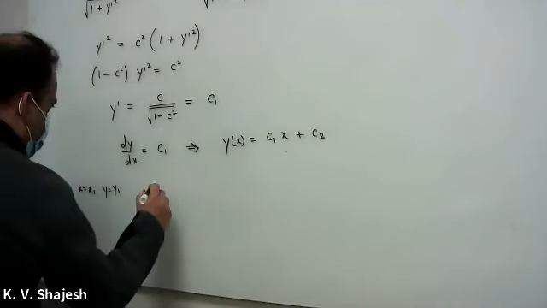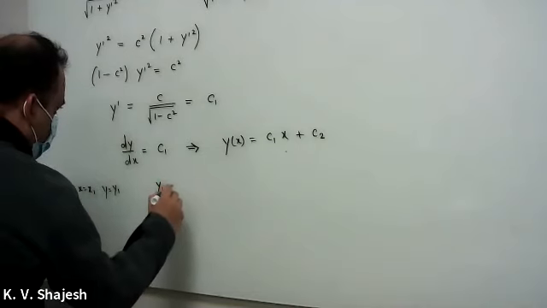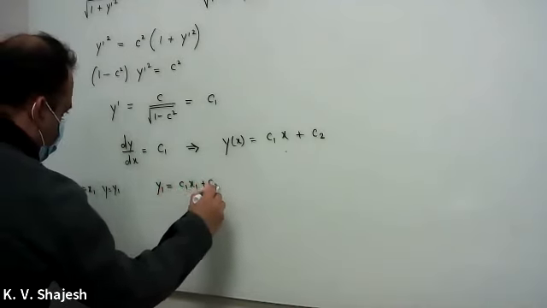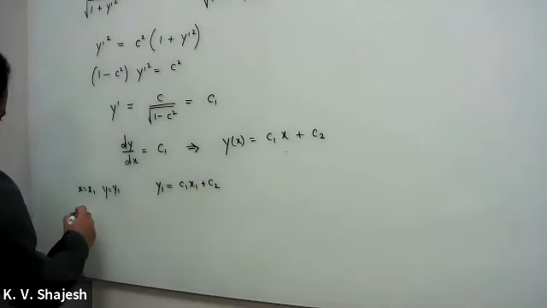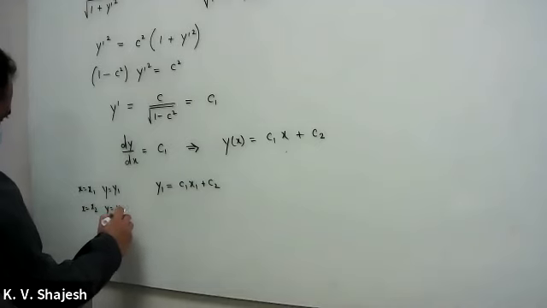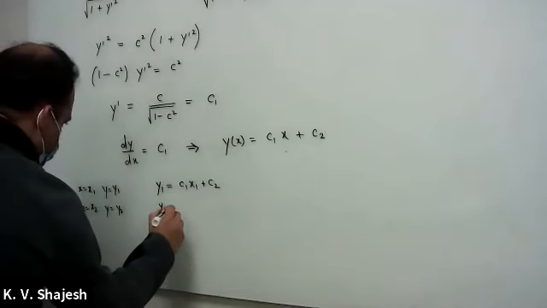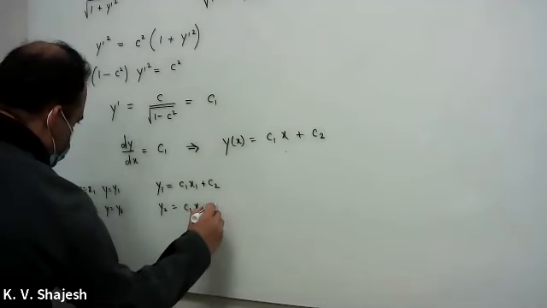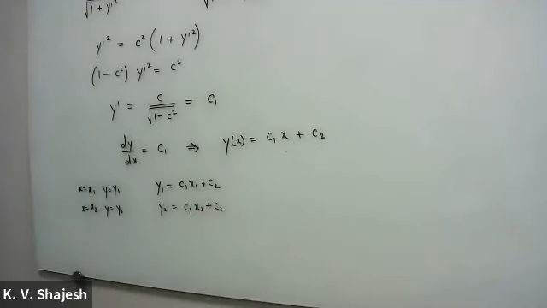So that means y1 is equal to c1 x1 plus c2, and at x equal to x2, y is equal to y2. So y2 is equal to c1 x2 plus c2.